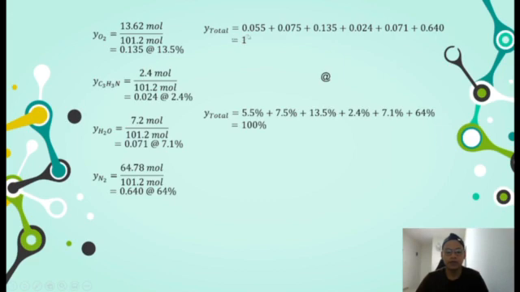So for the Y total, we got 0.055 plus 0.075 plus 0.135 plus 0.024 plus 0.071 plus 0.640. So the answer is 1. For the percent, we add all the percentages that we got, so it is 100.